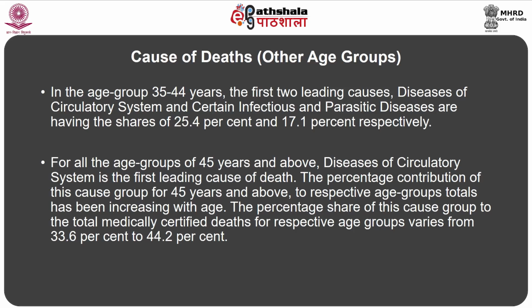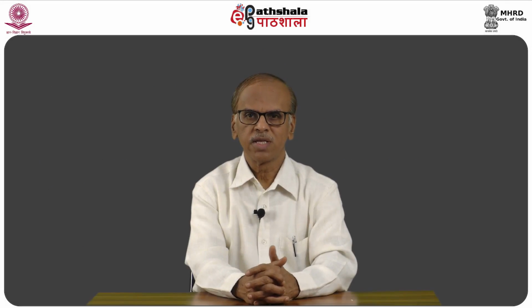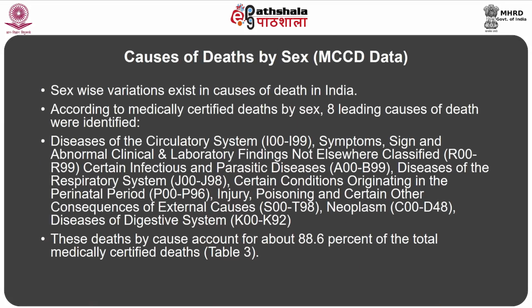The percentage contribution of this cause group for 45 years and above has been increasing with age. The percentage share of this cause group to the total medically certified deaths for the respective age groups varies from 33.6% to 44.2%.